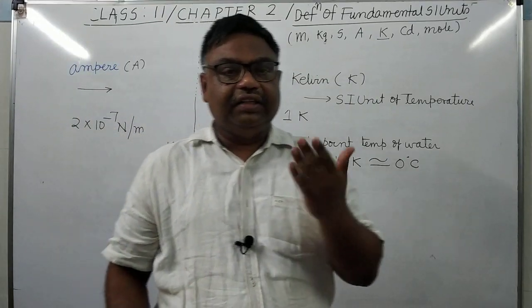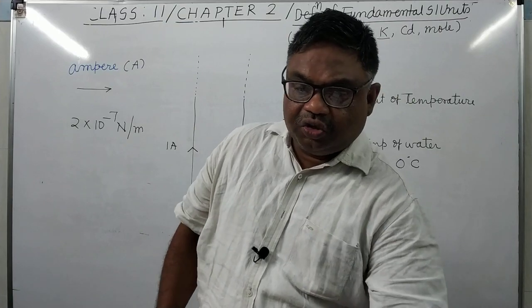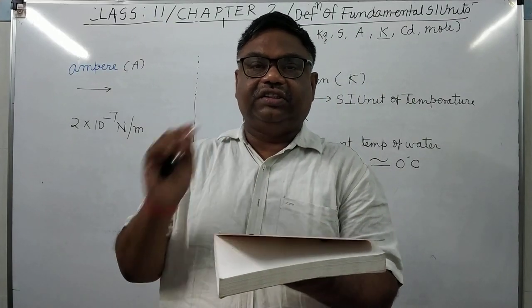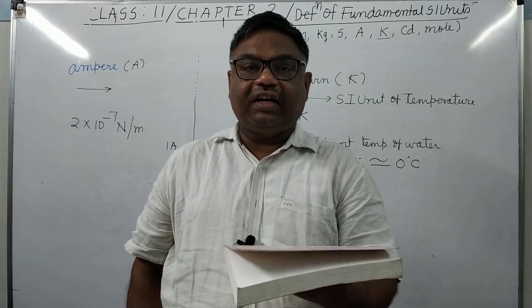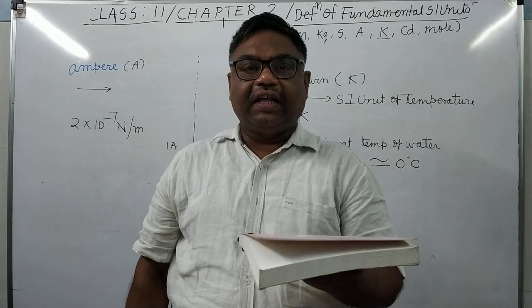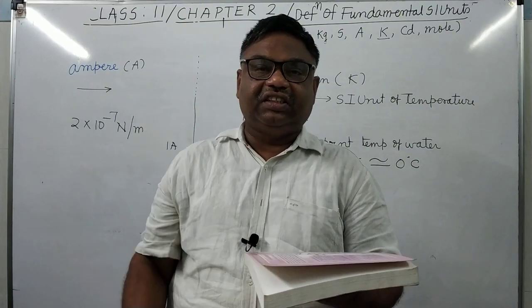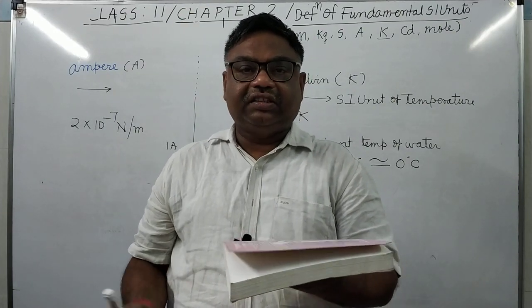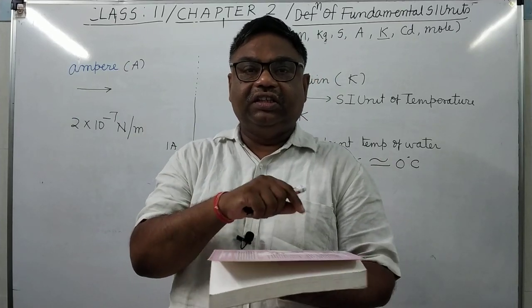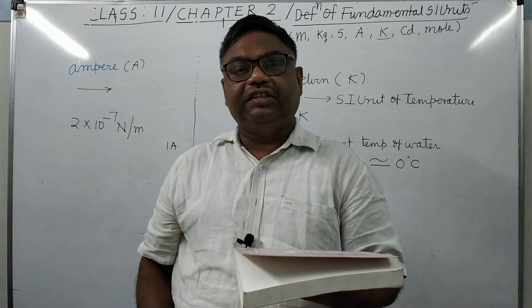If you see an ice block, it is in the solid state. At the same time you can find some vapors over the ice block, where water is in the gaseous state, and you will find that some water is sticking to that ice block.